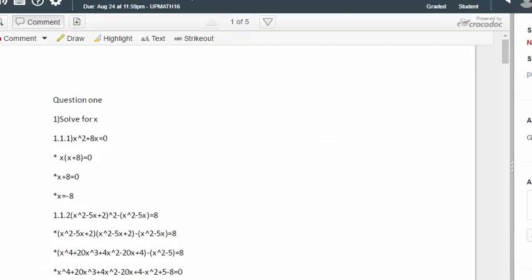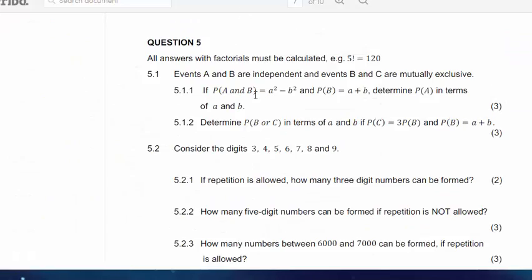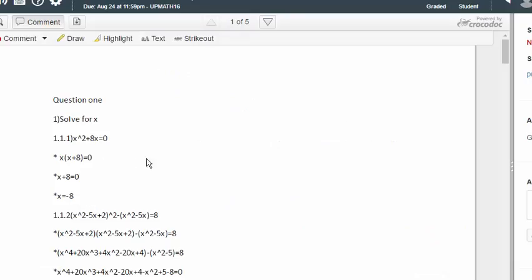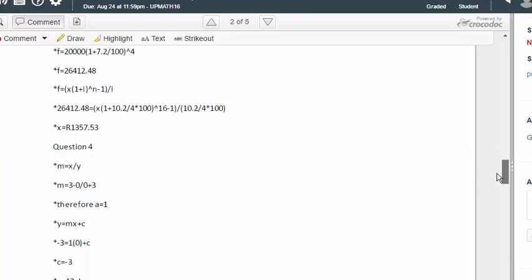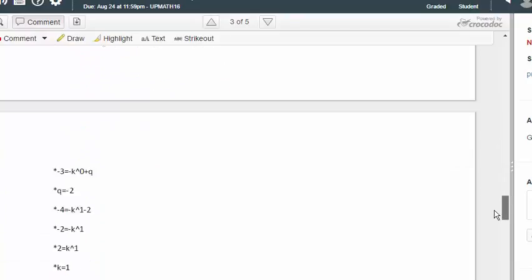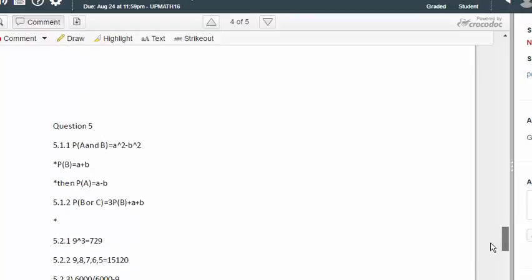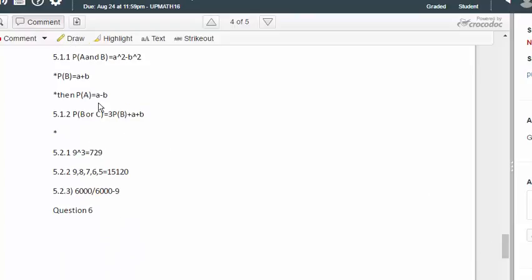The questioner asks, if P(A and B), in other words, the union of A and B, is given by that, and P(B) is given by that, determine P(A) in terms of A and B. Now, this student got it correct. The correct answer, P(A) is A minus B. That's perfect.